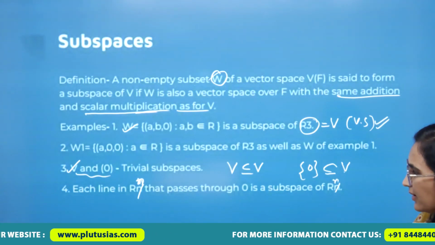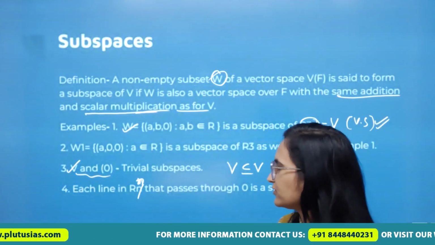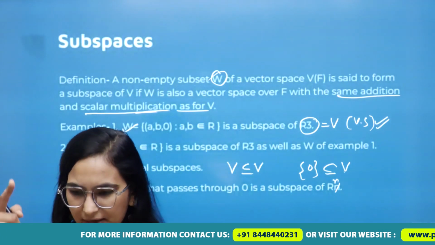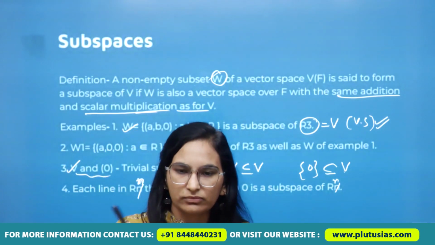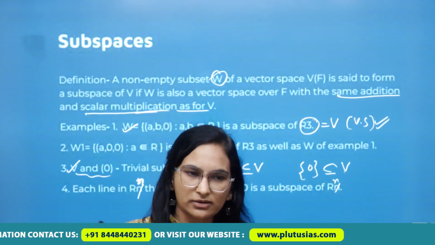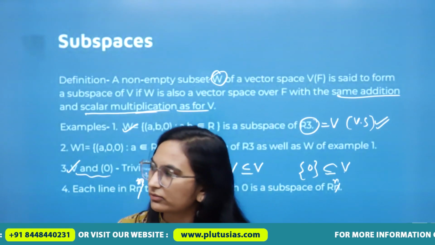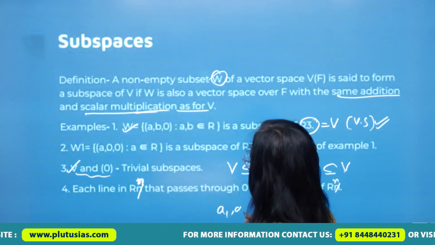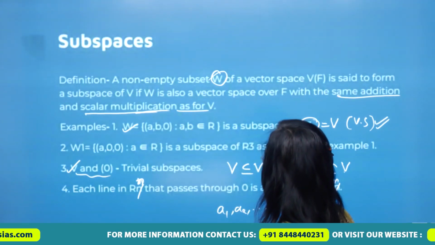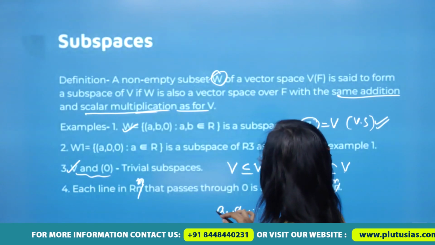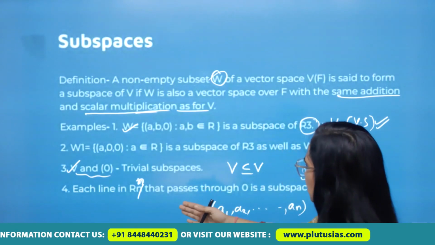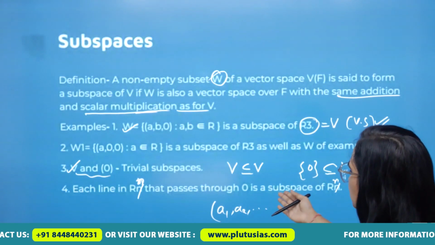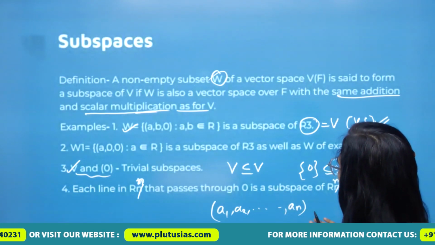Okay, we have to prove that any line in n-tuple space. We have a 3-tuple plane, and any element of an n-tuple looks like a1, a2, up to an, right? So if each line which passes through 0 is a subspace of Rn, how will you prove it?